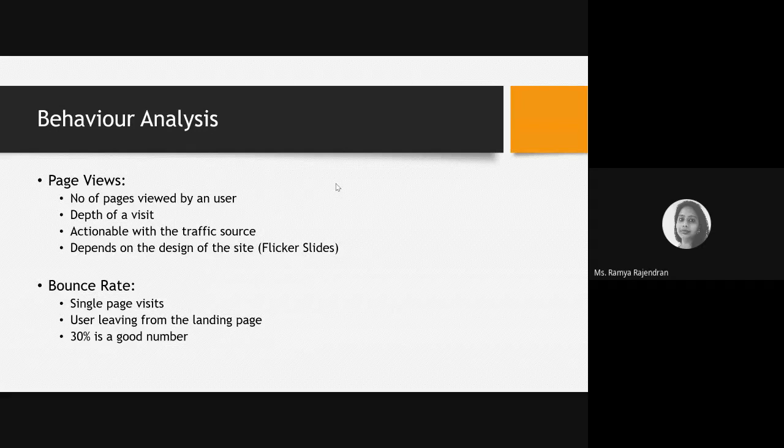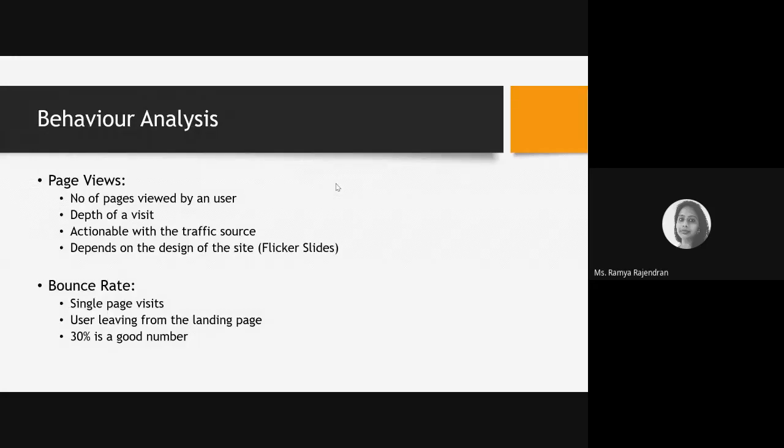If they just open a page and then within a small period of time leave, you can call it a bounce. So if 100 people visit the website and 30 people leave the site immediately, that's fine. If 70% of people are staying in, that's a good number. So a 30% bounce rate is a good threshold to have.